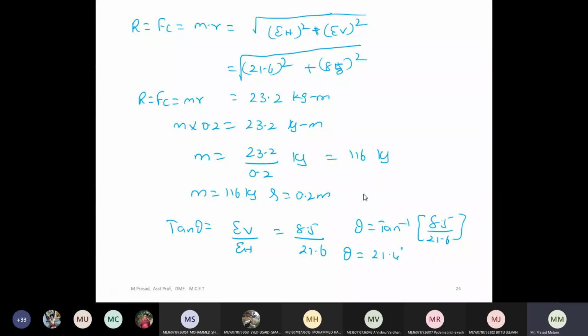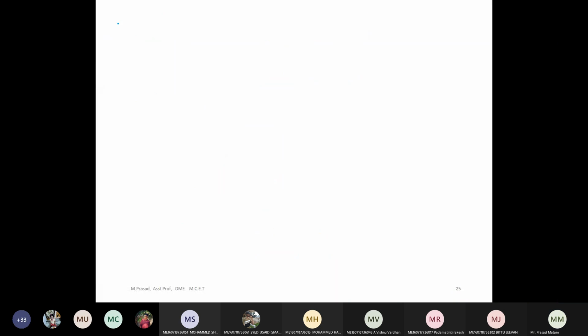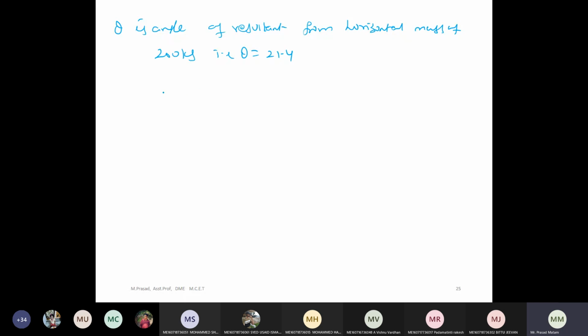So theta is 21.4, or I can write, theta is the angle of the resultant from the horizontal mass of 200 kg. That is theta equals 21.4.